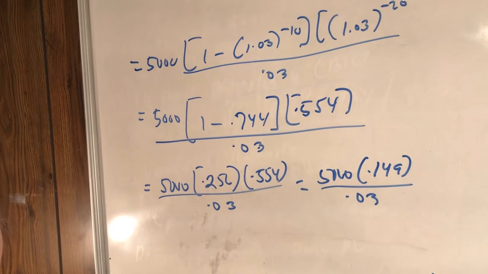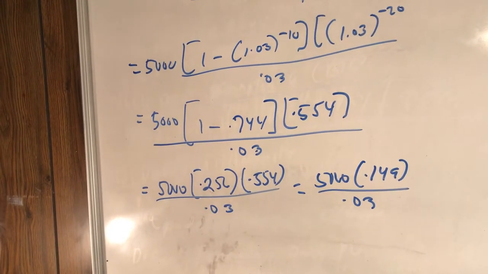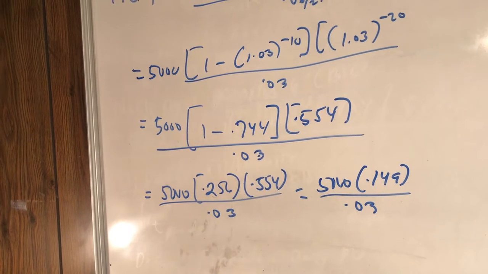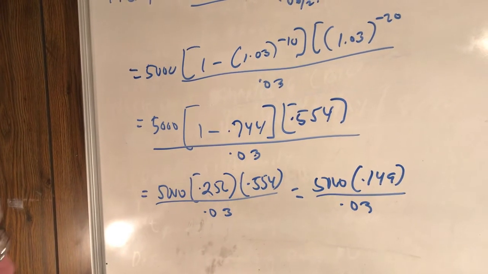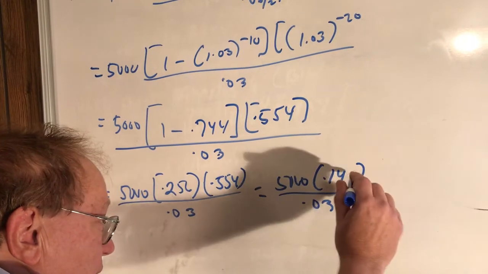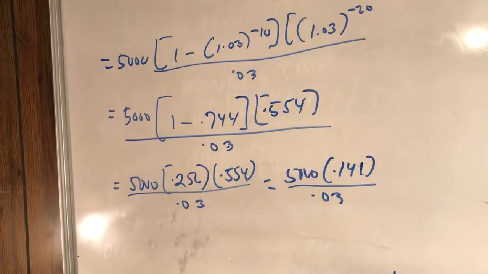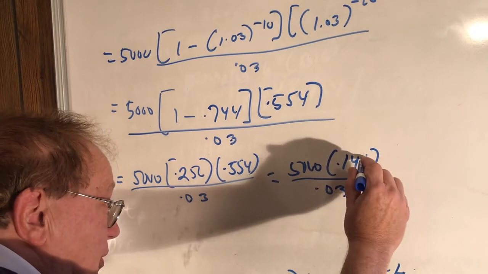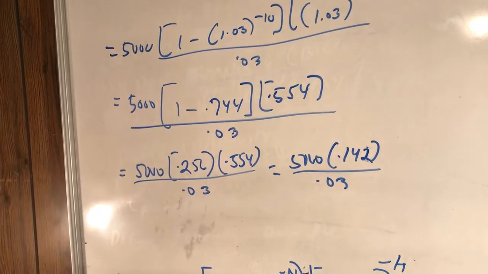0.256 times 0.554. It's always good to double check these things. 1.41, not 9. Okay. Actually, it's 2 because I'm rounding it off. Okay.